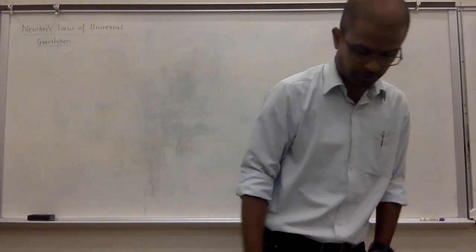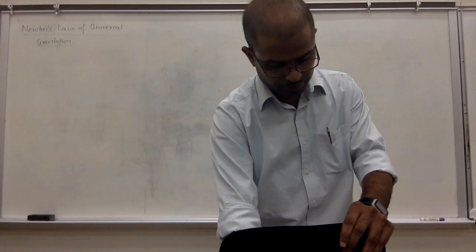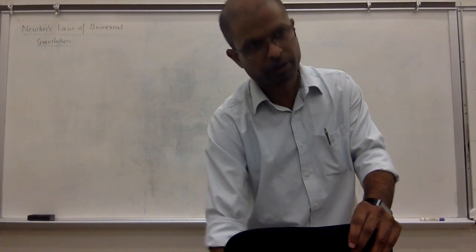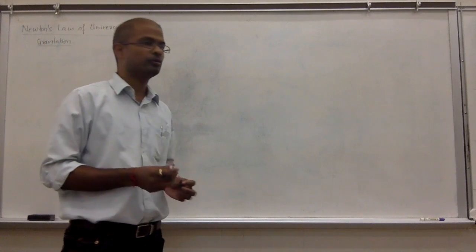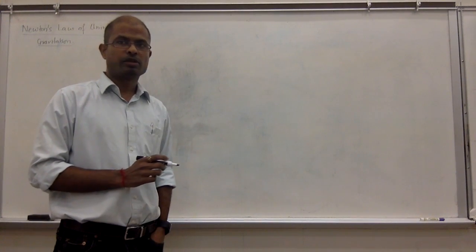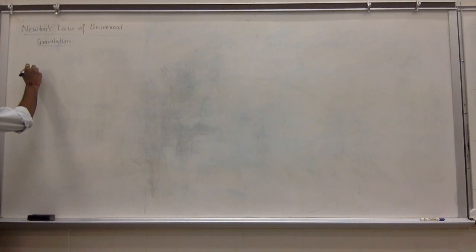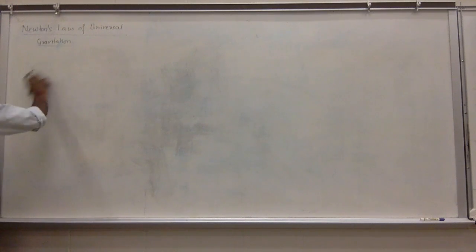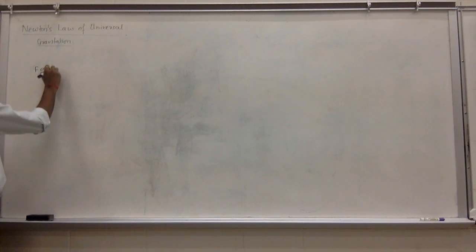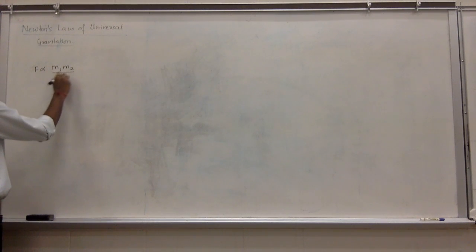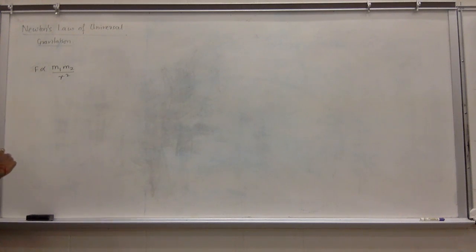What it says is there is a force of attraction between any two bodies, and the force of attraction is directly proportional to the product of their masses and inversely proportional to the square of the distance between them. So F is proportional to M1 M2 over R square.